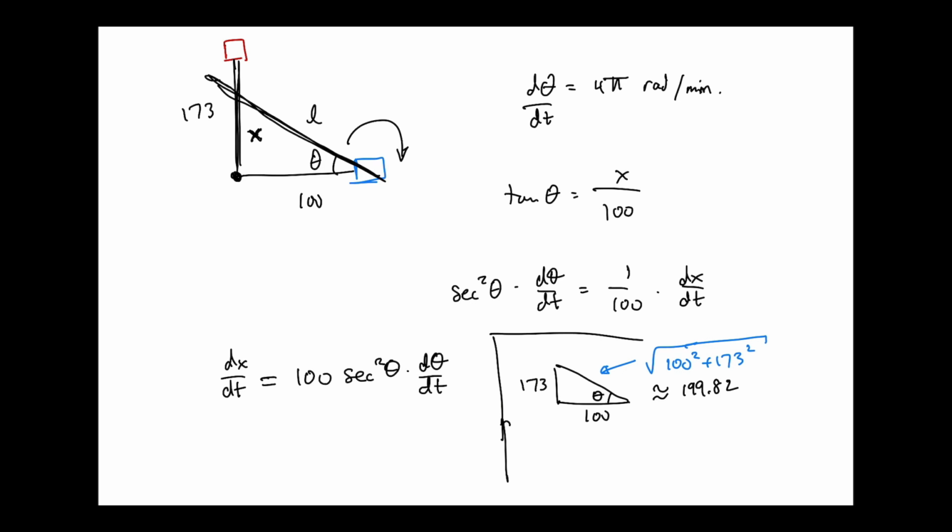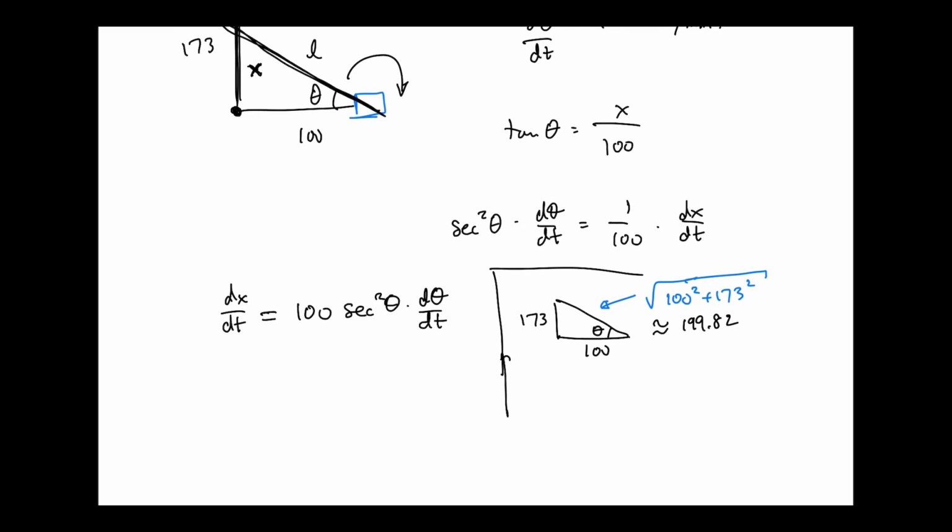Okay, so now that we know that, what do we actually want? The secant. So what's secant in general? 1 over cosine, or another way to say it is hypotenuse over adjacent, because cosine's adjacent over hypotenuse.